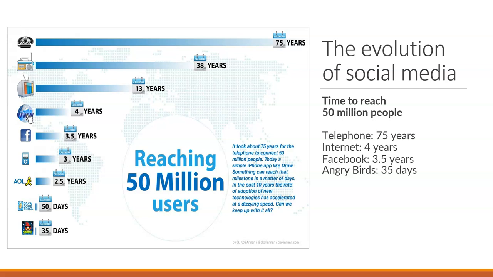That's a huge difference between 75 years and 35 days. We've talked about the great speed with which technology has changed our lives and the way we market to people. We can also see that with social media tools, we can reach infinitely more people in a very short amount of time.